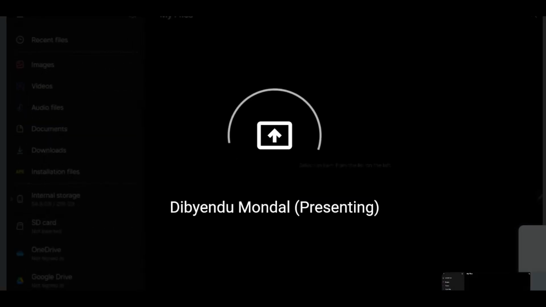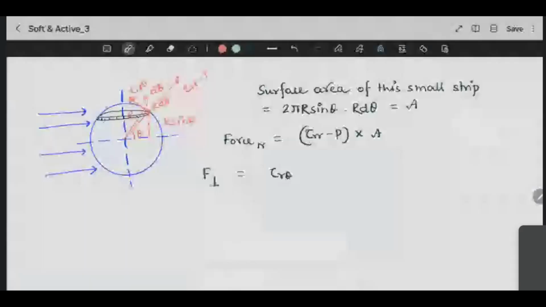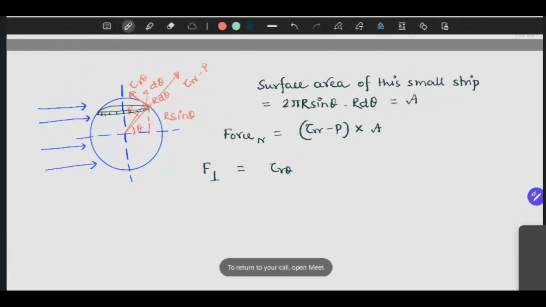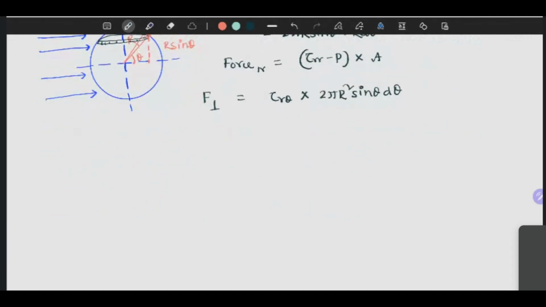So basically, what we are getting, so this is the tangential force, so this will be tau r theta into again 2 pi r square sin theta d theta. Okay, so if you take these two things, then you will get the expression.